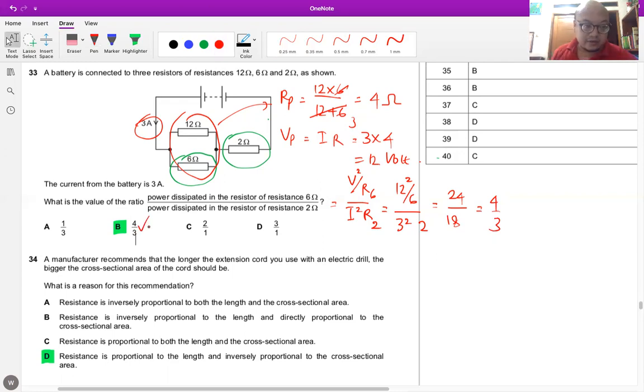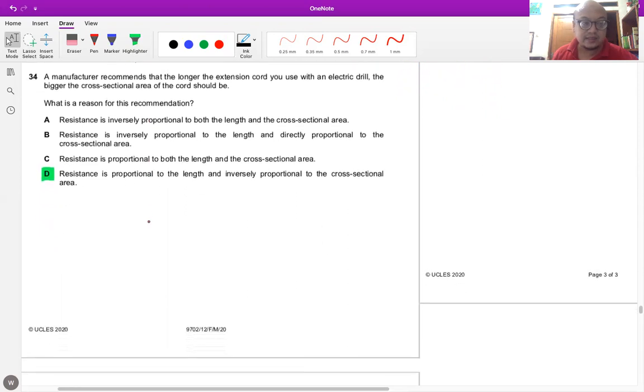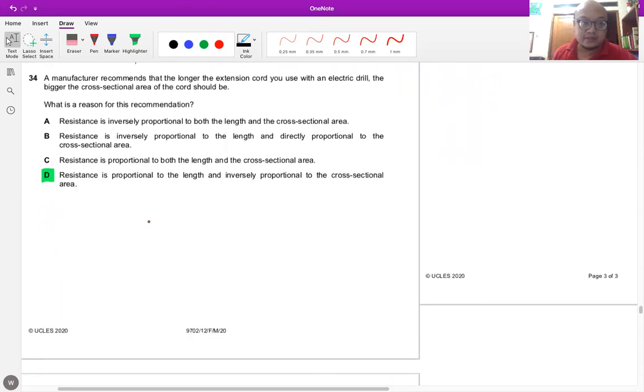Okay, now go to 34. The answer is D. A manufacturer recommends that the longer the extension cord you use with an electric drill, the bigger the cross-sectional area of the cord should be. What is the reason for the recommendation?